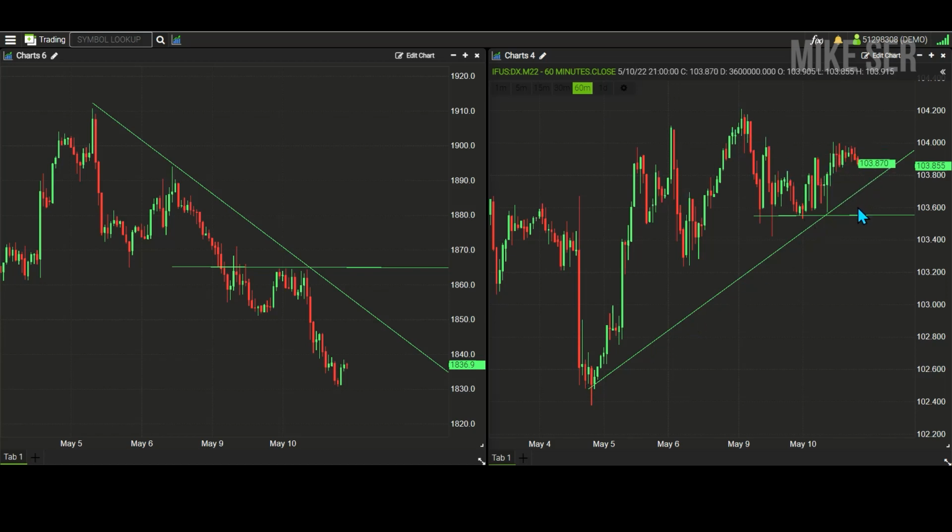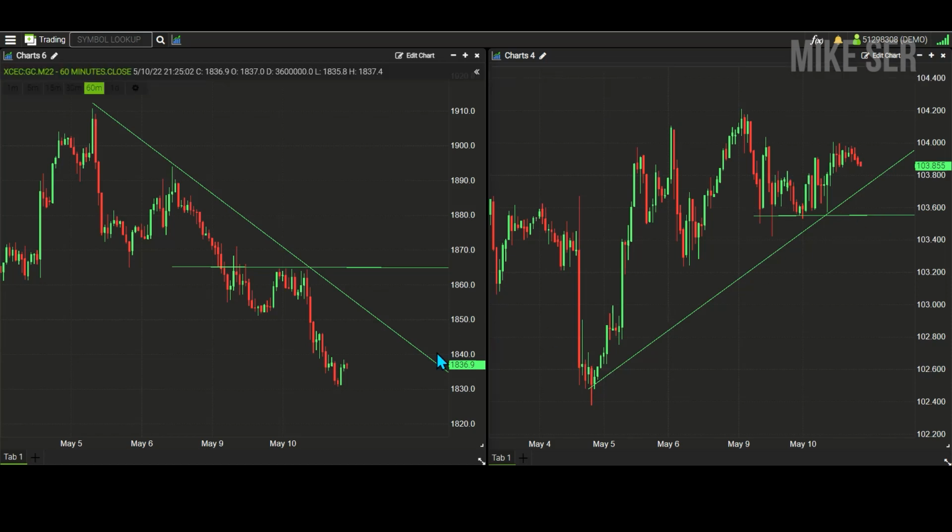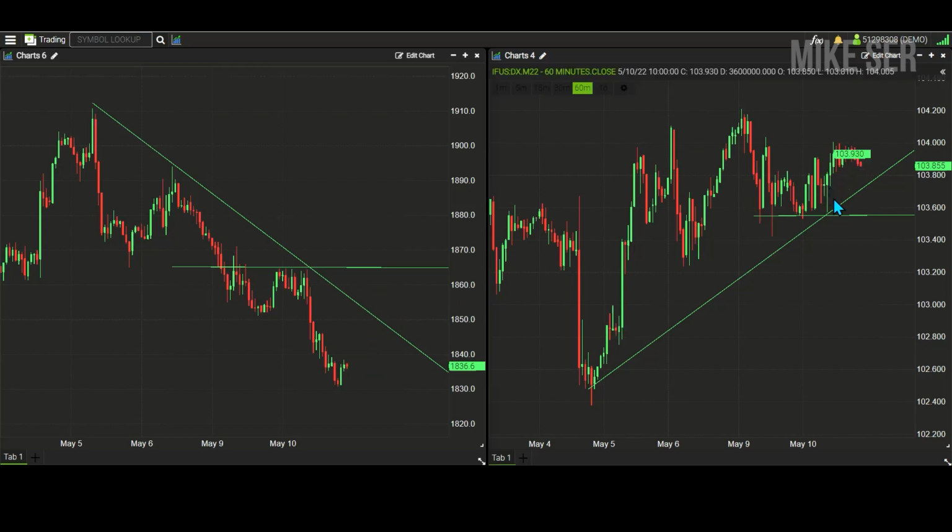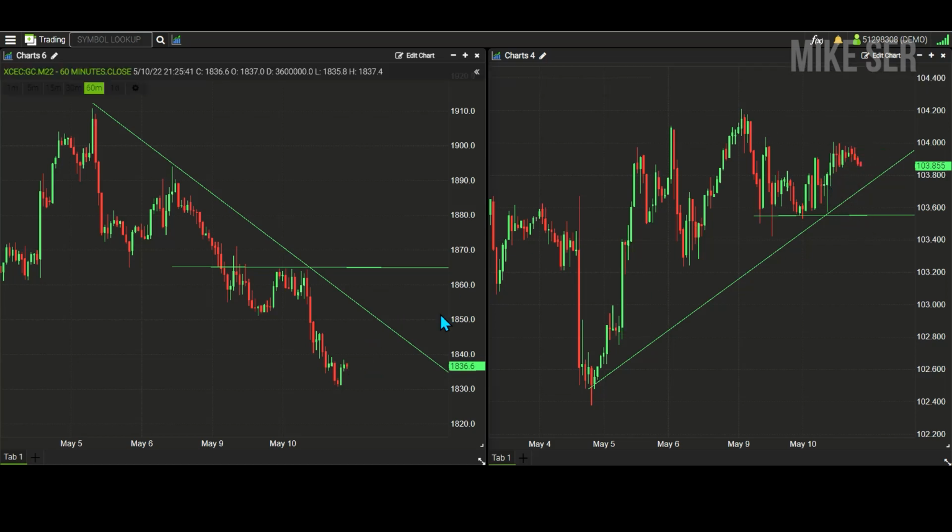But what I'd like to see more is there's a support level right here. So ideally, I'd like to see US dollar go down, break this upward trend line, and also break this support line. So what I want to do in terms of entering gold here is once it breaks above here, we want to see the US dollar break through this and this. So that will give me greater confidence that this trend line break would be valid.